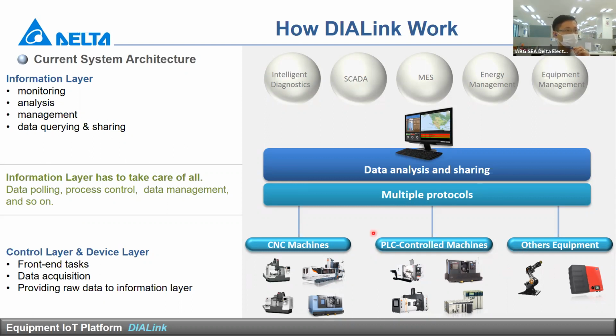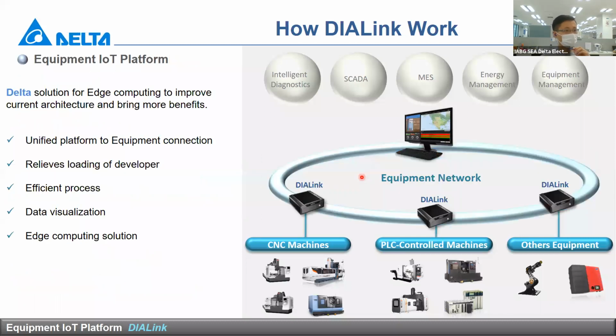How are we going to integrate all these things into the SCADA system, MES system, and maybe the ERP system? And how are we going to analyze and visualize all this data?